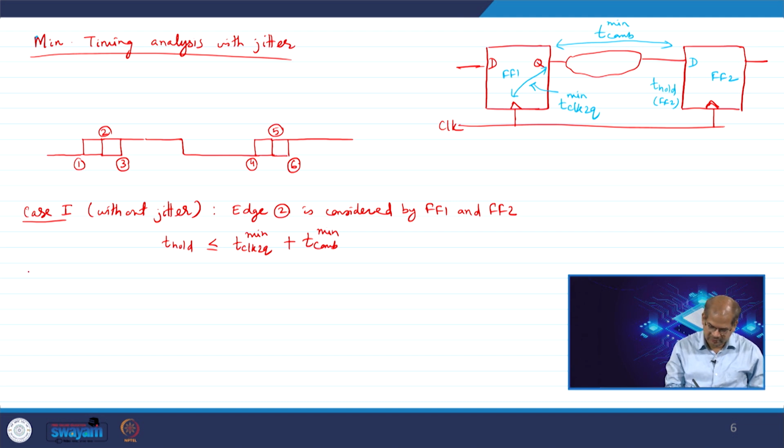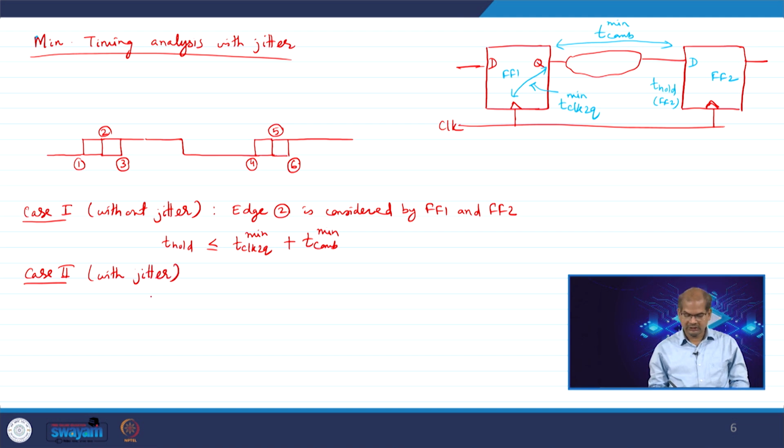Now, we will consider case 2, with jitter. In case of with jitter, I have two edges to consider for flip flop 1 and flip flop 2.